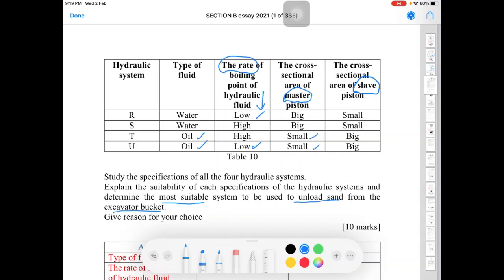So greater force means you need a big area. So you choose big. So from here you already know which one you will choose. So you will choose U.